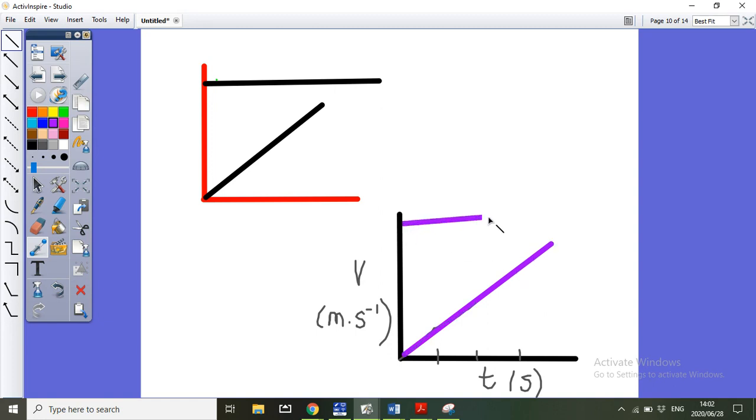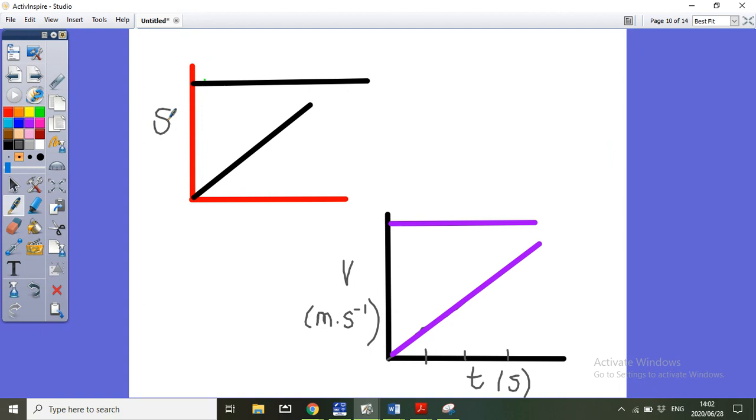Now, this is where I want you to see the difference between these two. Because here, when I had my displacement time graph and an object was standing here at, I'm just going to make a 6, it's at 6 meters, it means it's standing still, because it's now at 6 meters, and 5 seconds later it's at 6 meters, and 20 seconds later it's at 6 meters, so it's not moving.